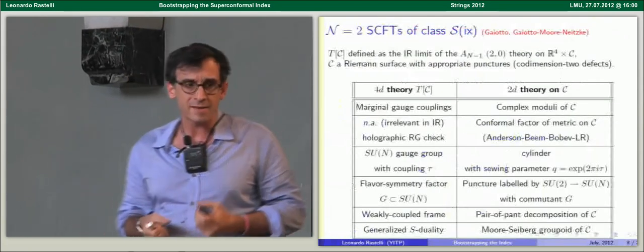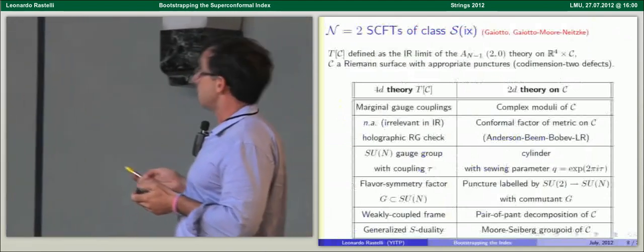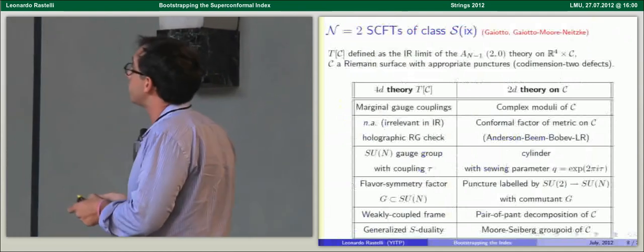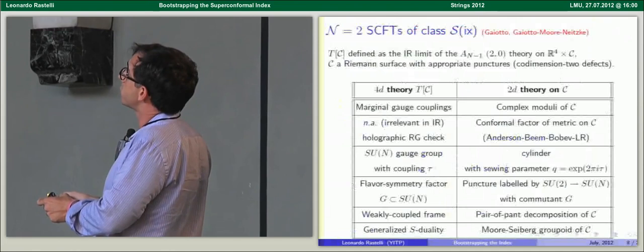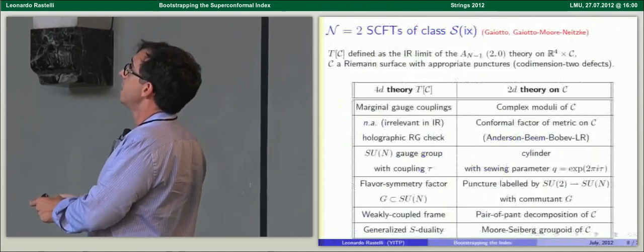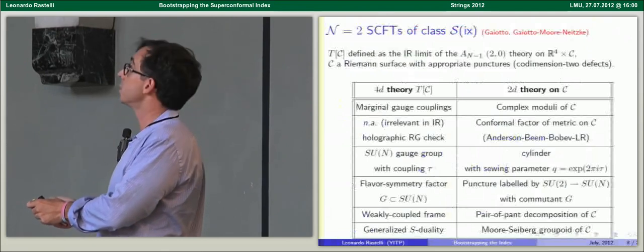Now, the other cast of characters I need to review are the theories that come from 6 dimensions. And again, I don't really have time to go into this dictionary in much detail, but let me remind you. So the Riemann surface C has complex moduli. Those translate into the marginal gauge couplings of the 4D theory.